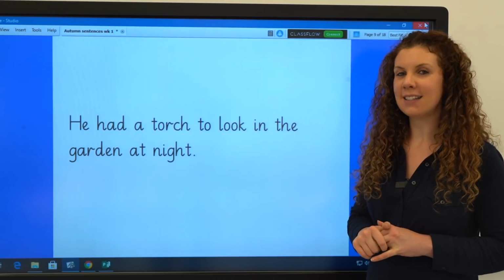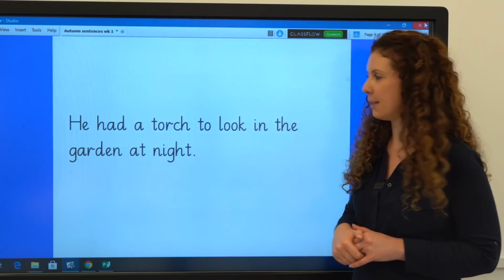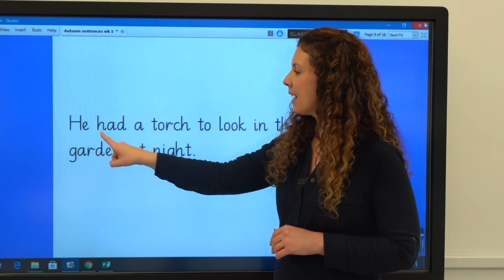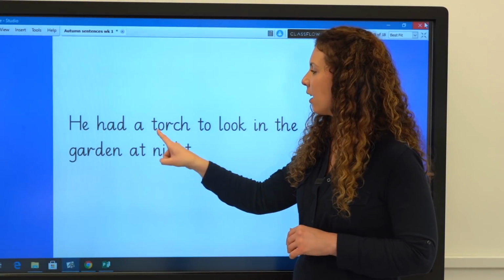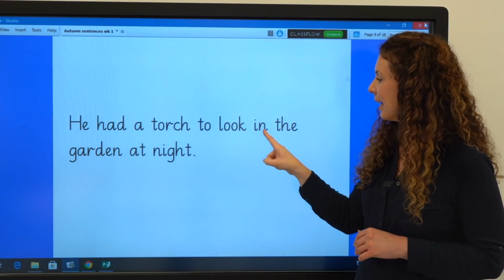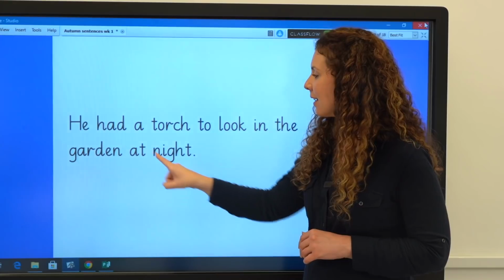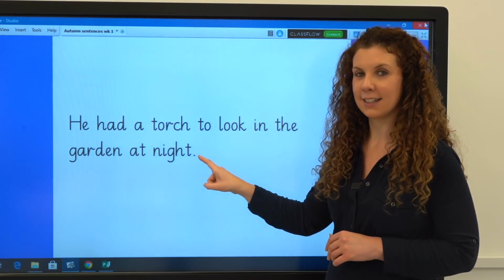Now let's read the sentence together. Read with me as I point to the words. He had a torch to look in the garden at night.